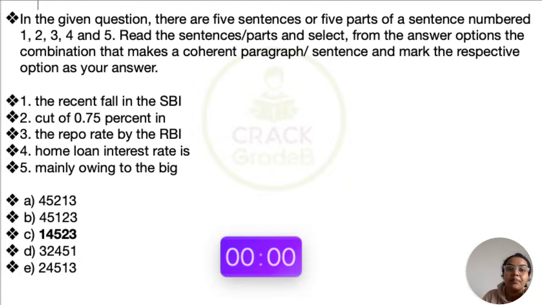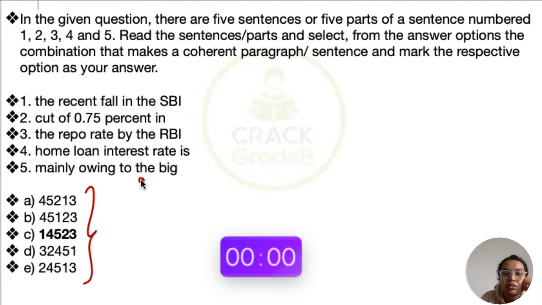Answer is C. Again, target to do such questions should be 20 seconds in exam. And if you're able to connect two parts or three parts, and then you can figure out where that part is there in the given option. That's how you will be able to do it.